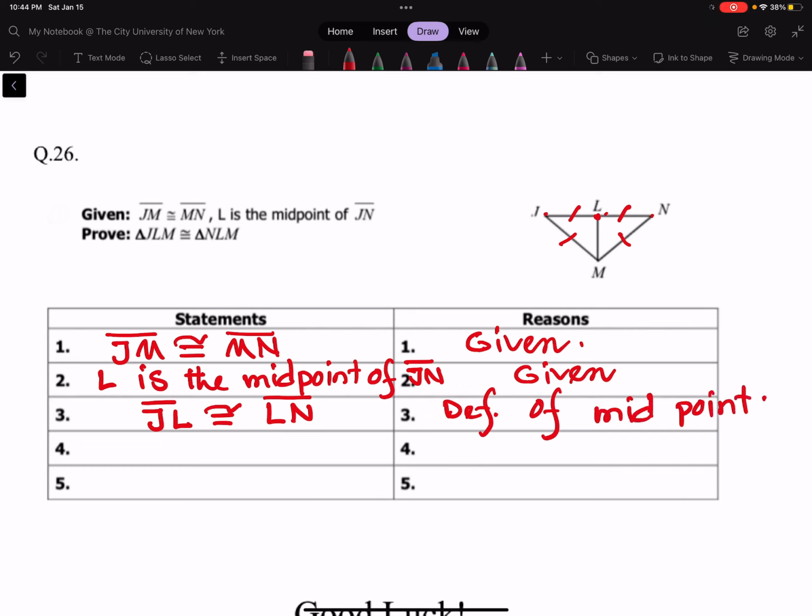Okay, so now we need to prove triangle JLM is congruent to triangle NLM. So we have seen two of the sides are congruent. Now we need one more side or an included angle. We can see easily that LM is a common side, so we can say that LM is congruent to LM. Okay, why? Reflexive property.